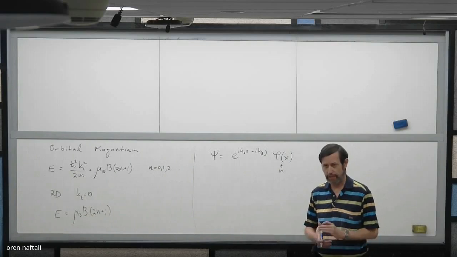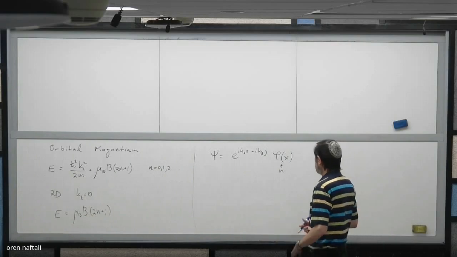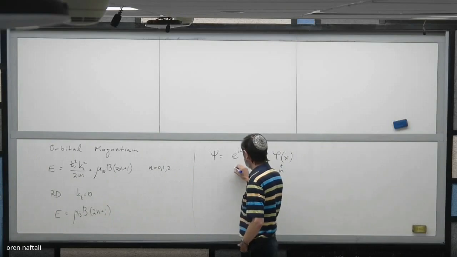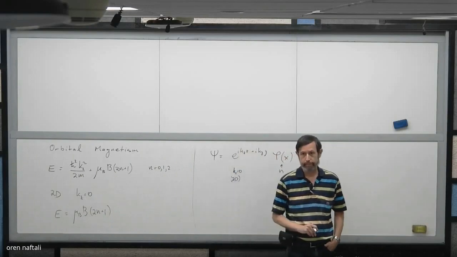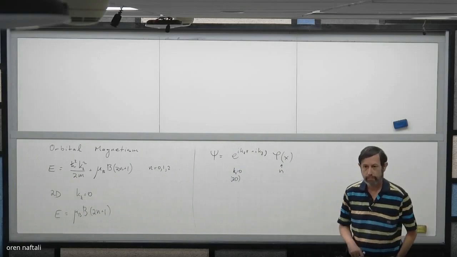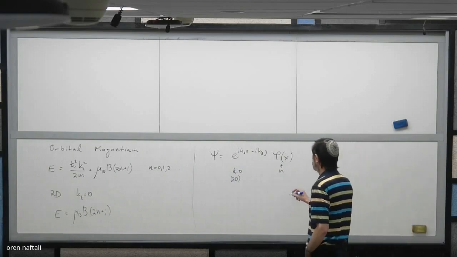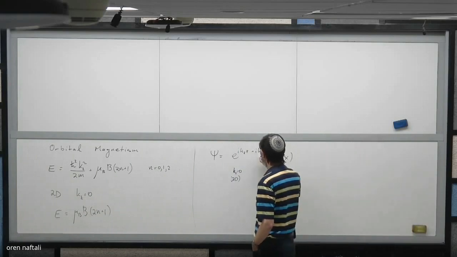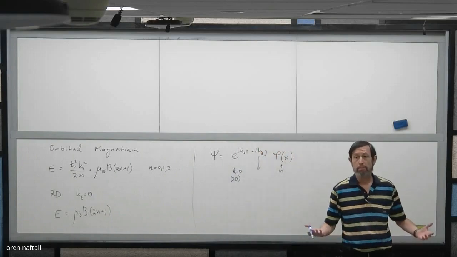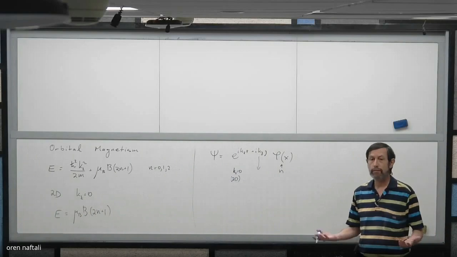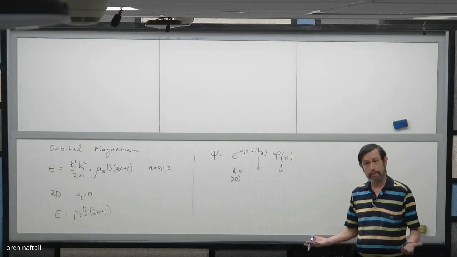For phi of x. kz we took for 2D to be equal to 0. ky doesn't influence the energy, but is still a quantum number.